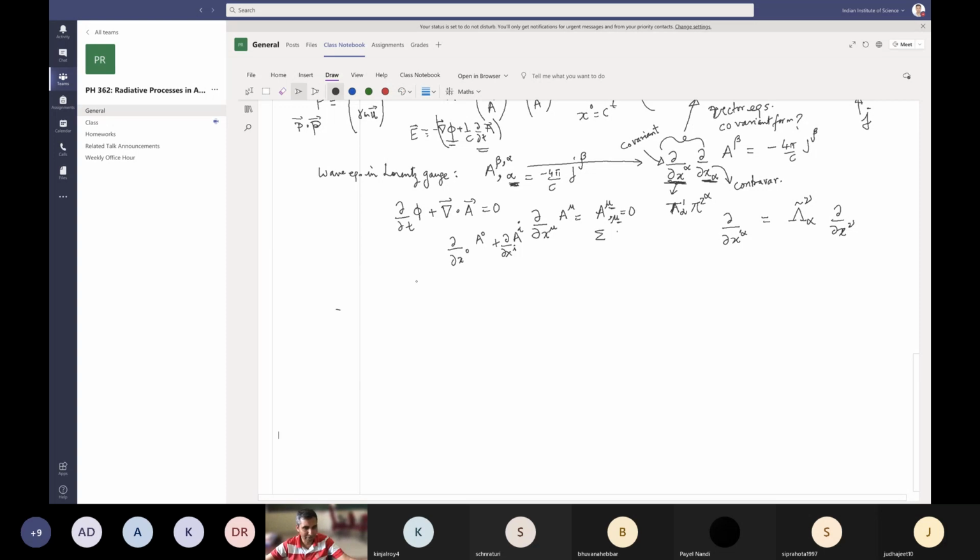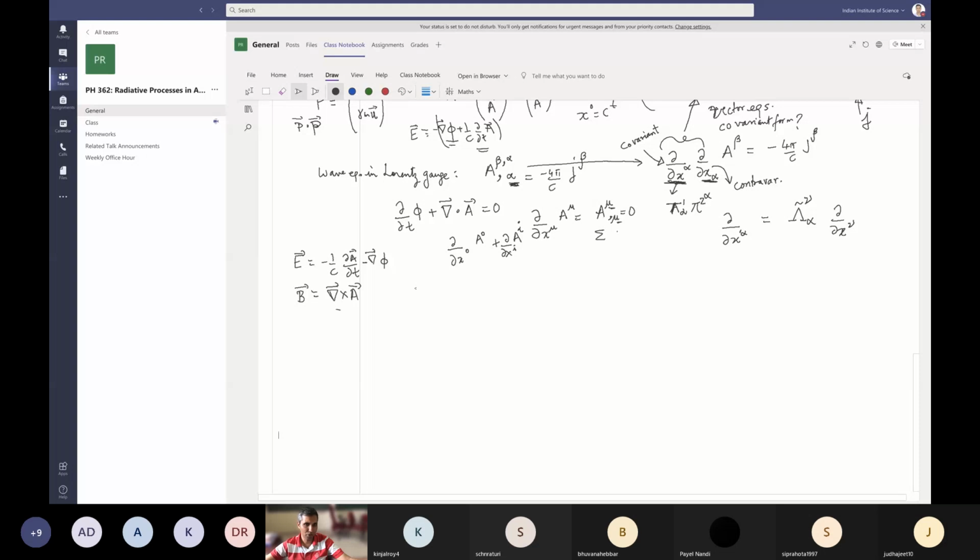So, right, we know that E and B, you recall E was equal to minus 1 by c dou A by dou t, minus grad phi, and B was equal to del cross A. So you can see that E and B are sort of gradient operators in the 4 space, applied to A, right?